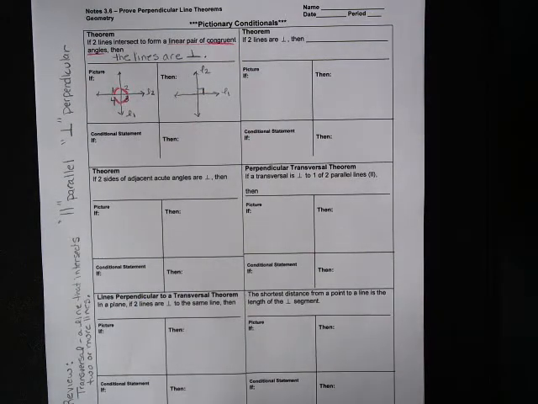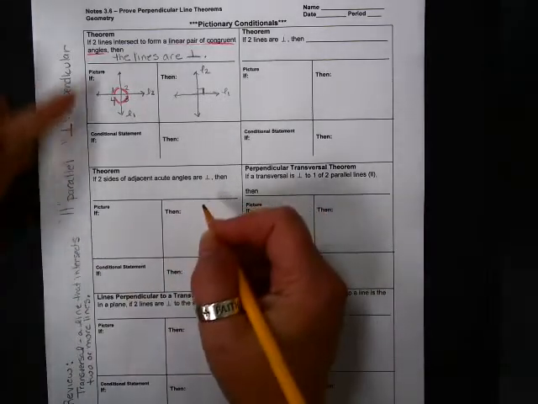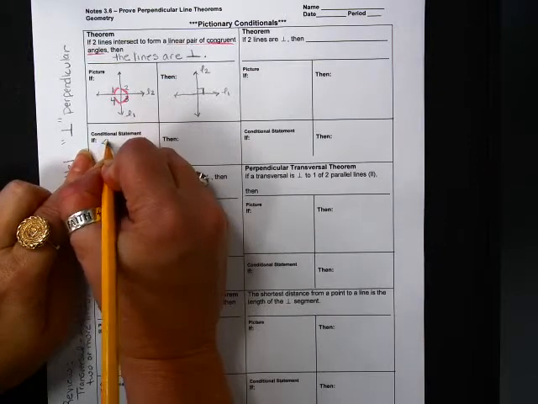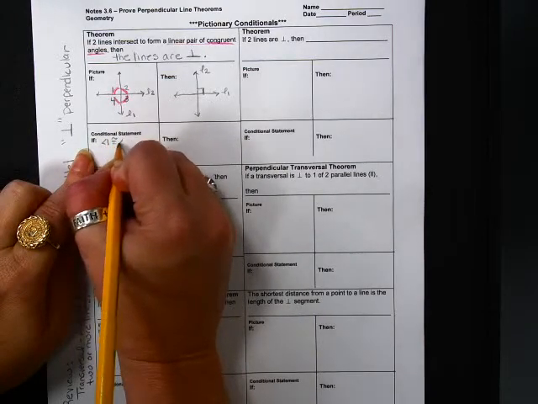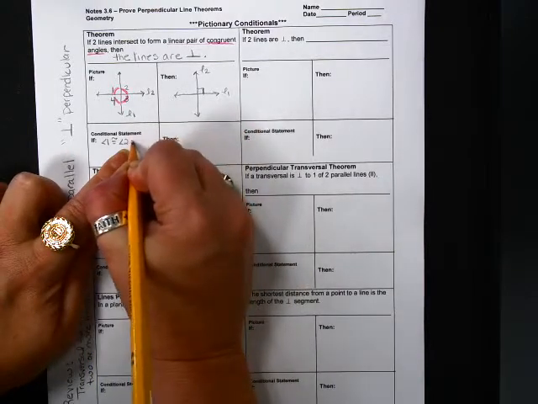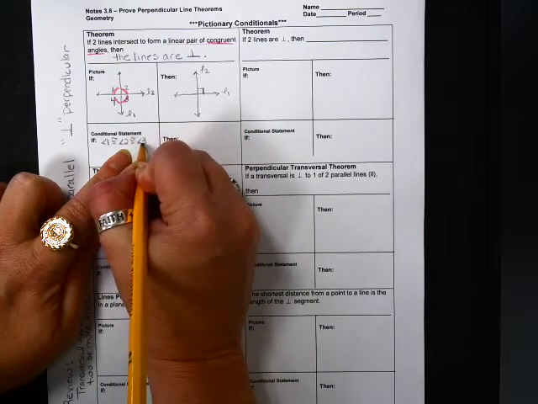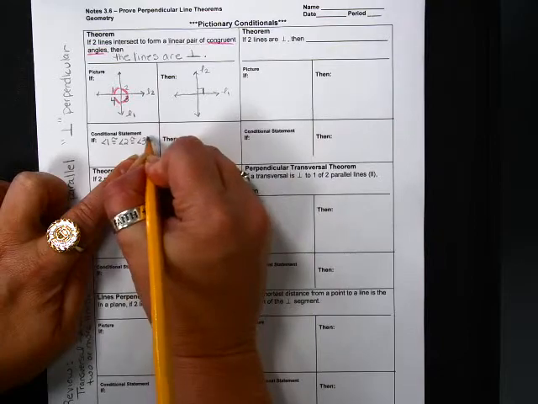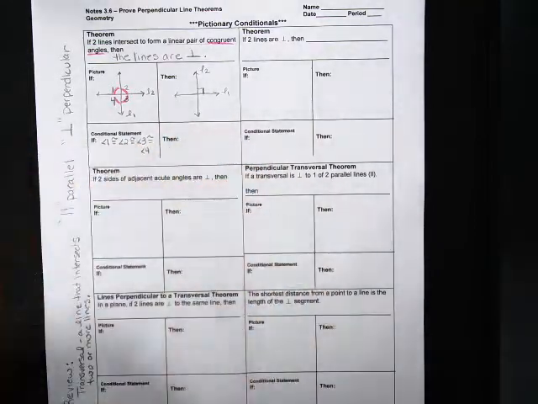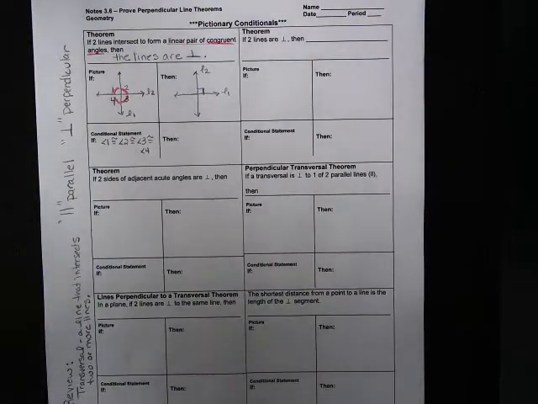Now, we're going to write a traditional or more traditional conditional statement using these examples. So, if angle 1 is congruent to angle 2, and angle 2 is congruent to angle 3, and angle 3 is congruent to angle 4, and they're all congruent. See how I wrote them in a line? So everything's congruent to each other.